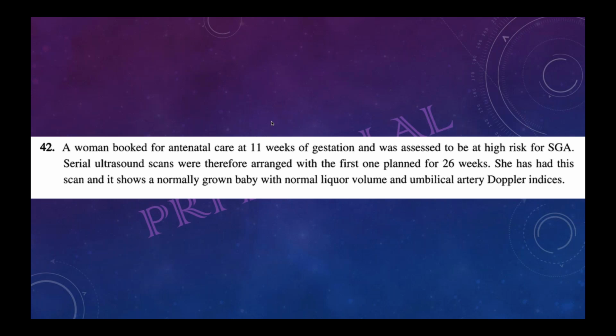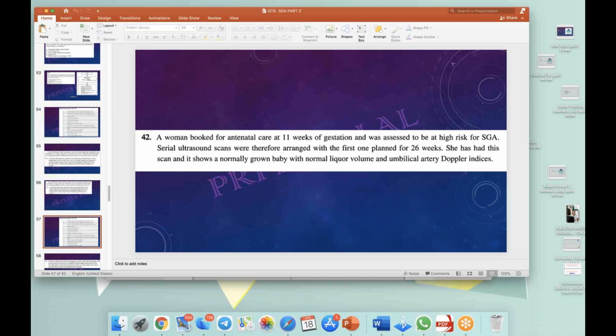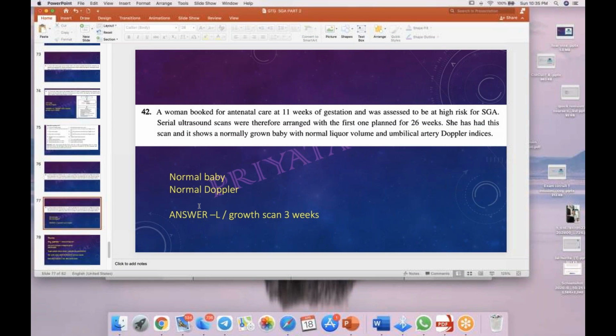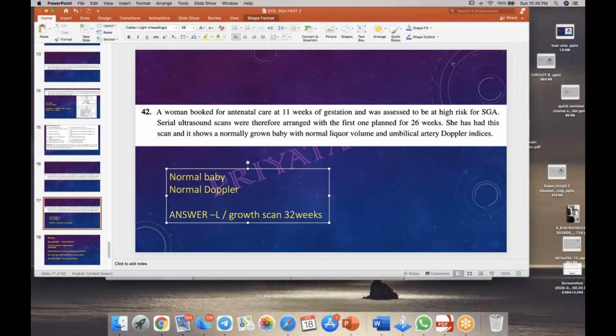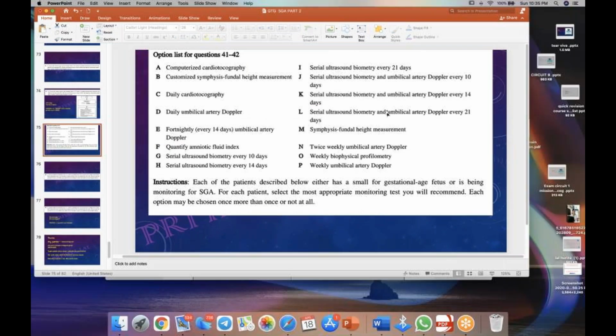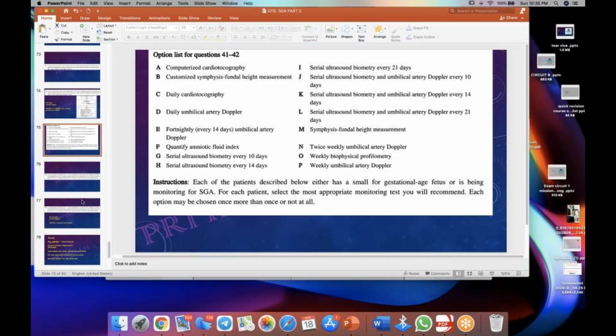Yes, it has to be C. But the book answers are wrong. So it has to be growth scan, 2 weeks. Normal Doppler, normal baby, but still as the suspicion is there, it will come as K.